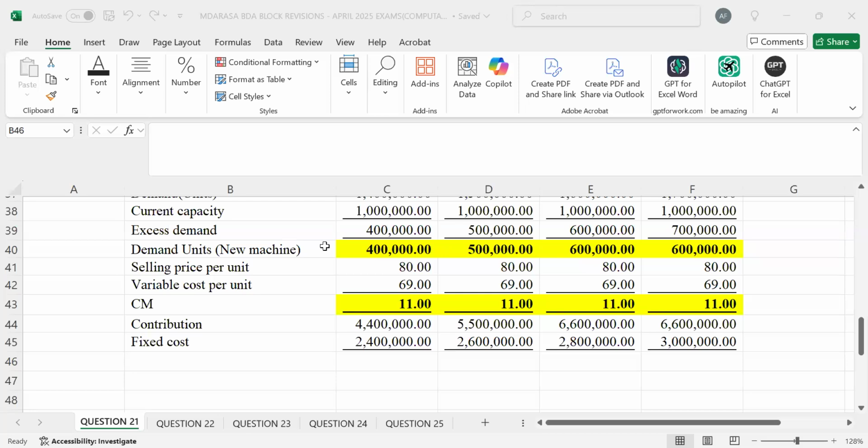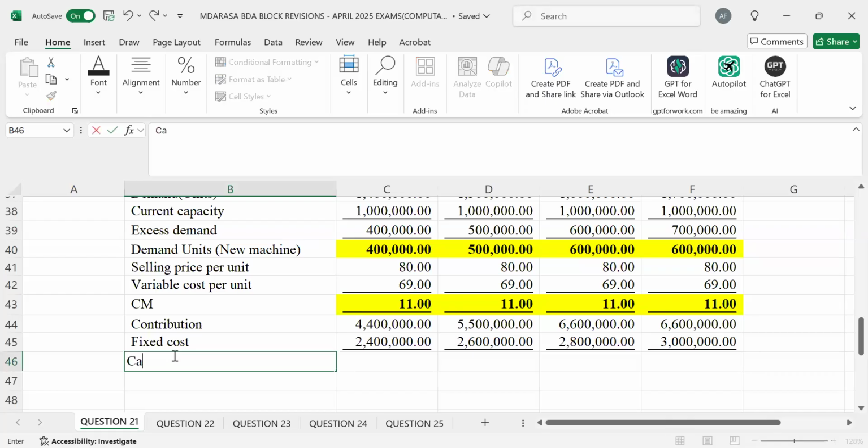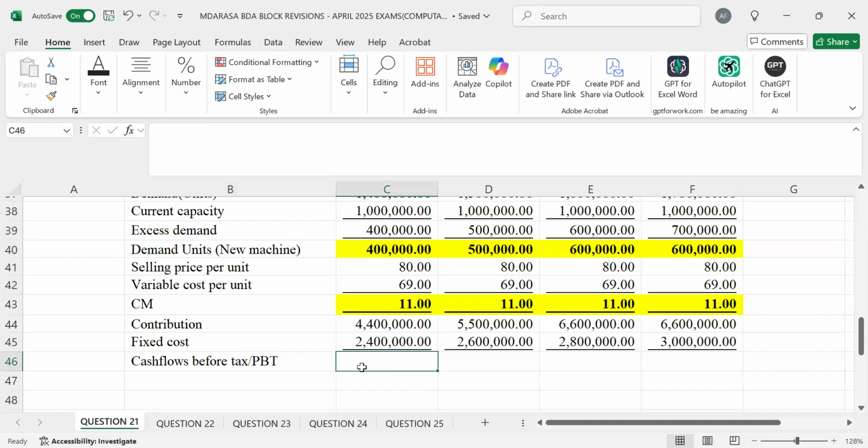At this point, we have our cash flows before tax, or simply profit before tax. We have contribution minus fixed cost, so this is what we will be having there.